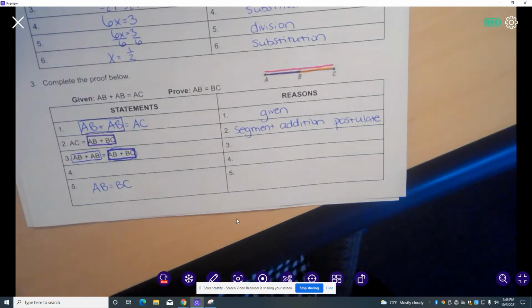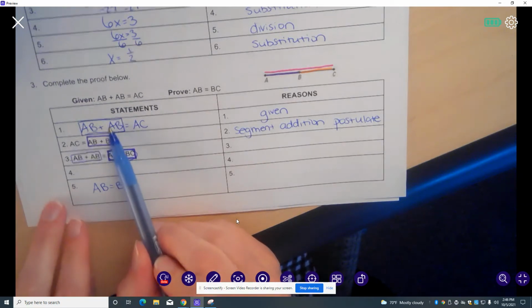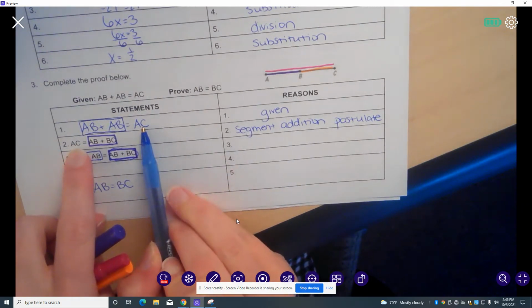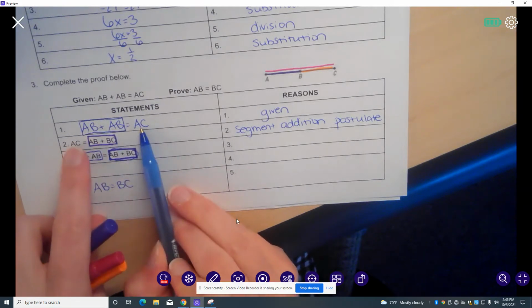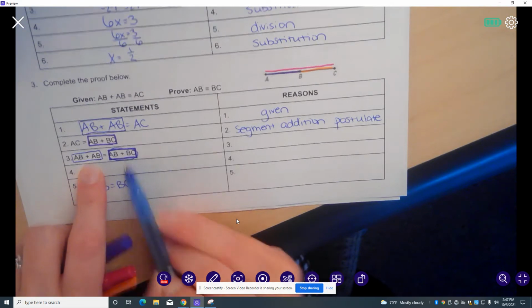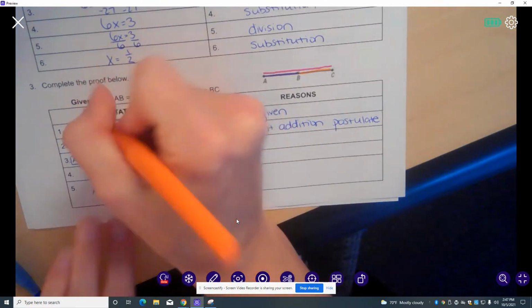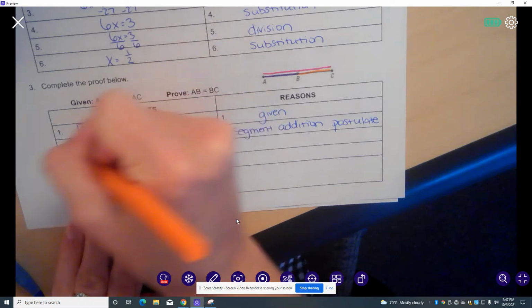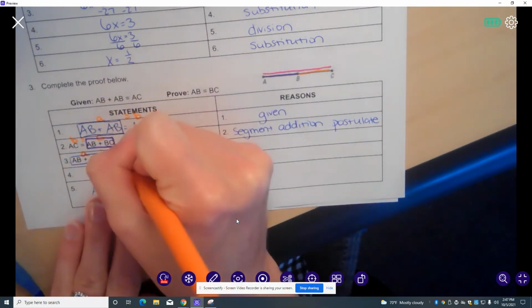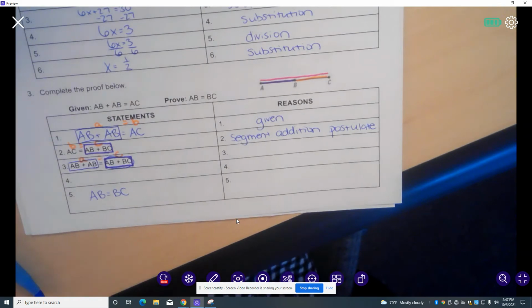So what you'll notice, hopefully, is that both of these things are equal to AC. If they are both equal to AC, then they must both be equal to each other. You kind of think of this as if A equals B and B equals C, then A equals C. That is the transitive property.